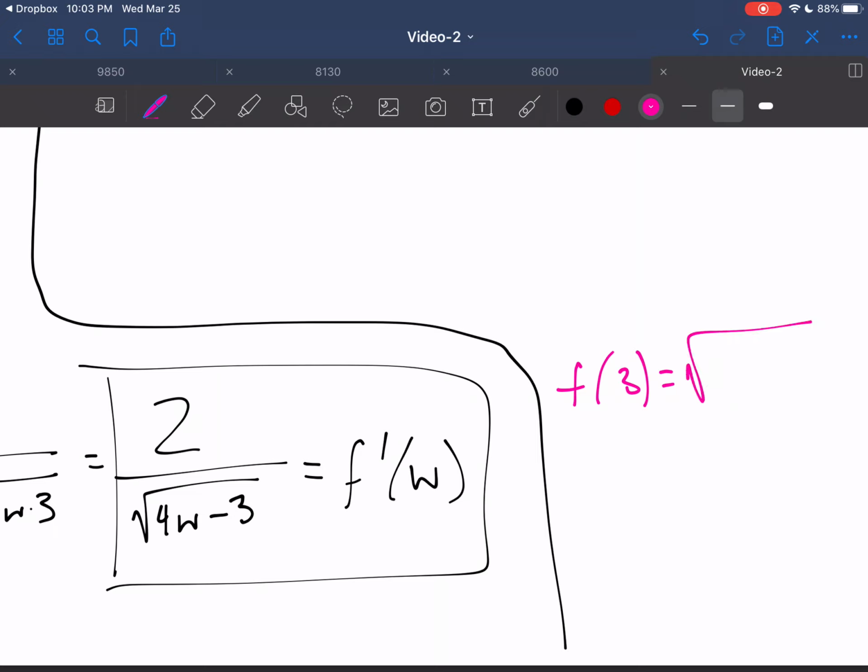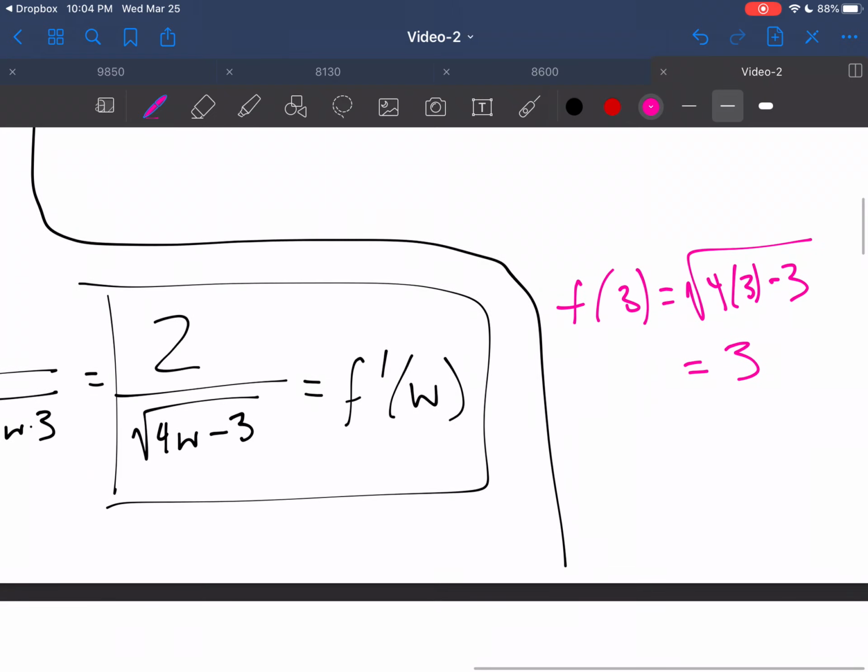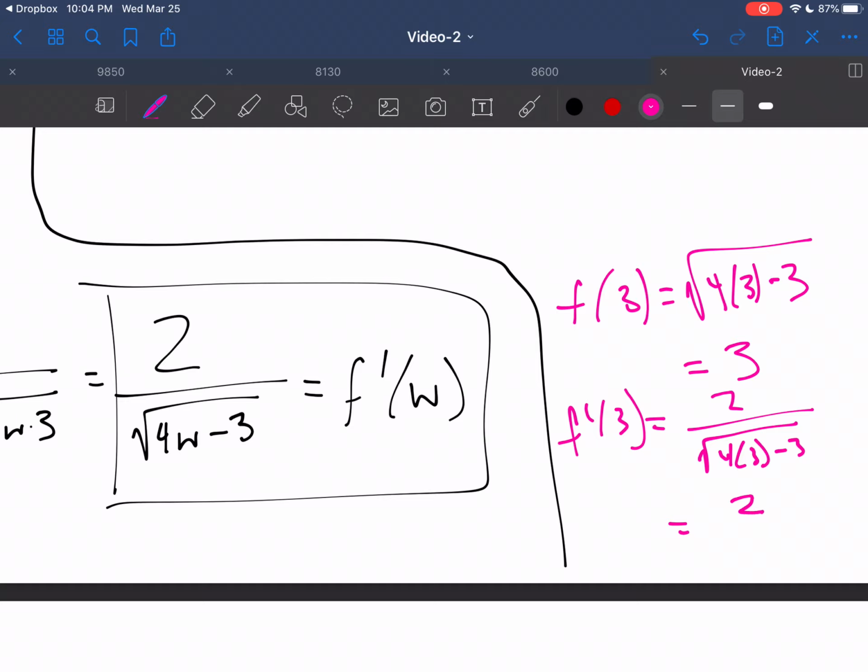We have the square root of 4 times 3 minus 3, which simplifies down to 3. And then we can find f prime of 3. F prime of 3 is going to be 2 divided by the square root of 4 times 3 minus 3. So we end up with 2 divided by 3.